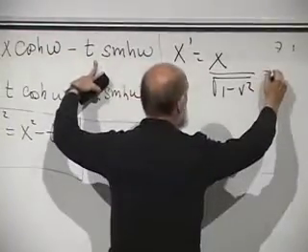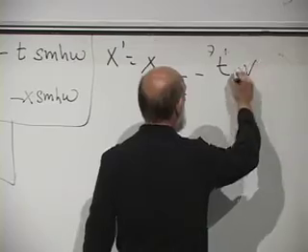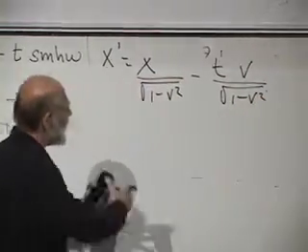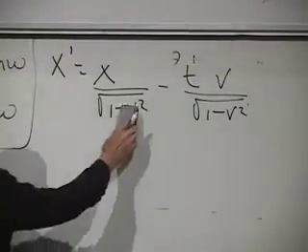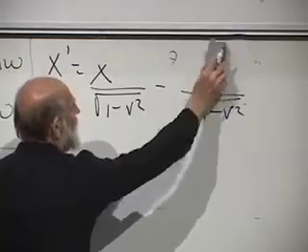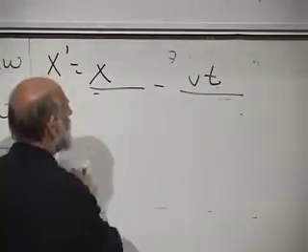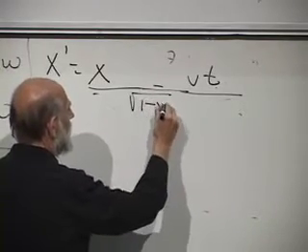Then there's minus t times sinh omega, which is v over the square root of 1 minus v squared. Or if I put the two of them together and combine them over the same denominator, it's just x minus vt divided by square root of 1 minus v squared.